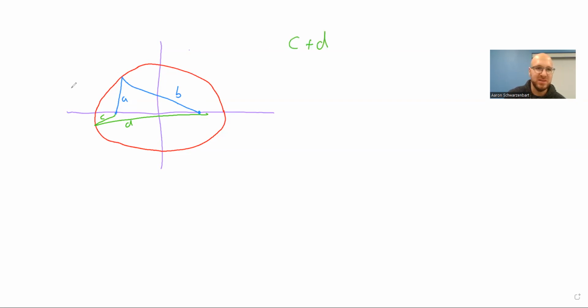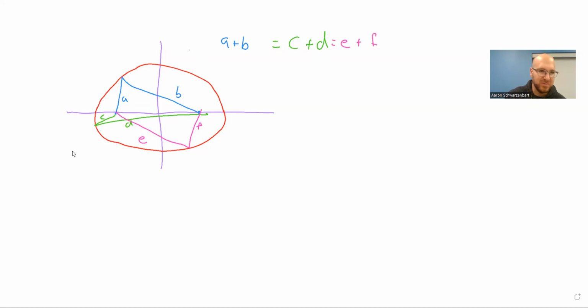C plus D has got to be equal to A plus B, which is equal to E plus F. Any of these distances.